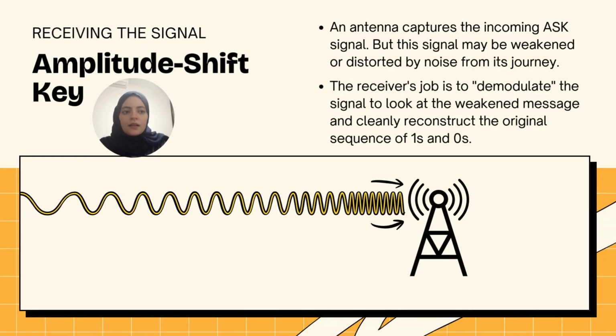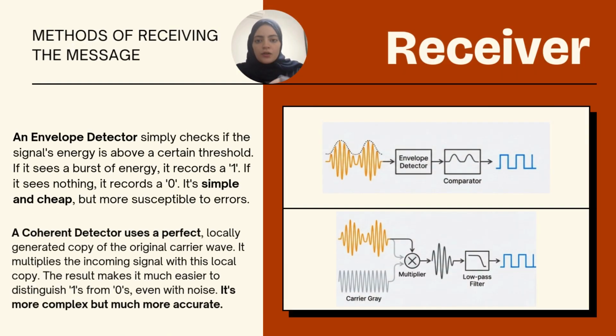After that, the signal is sent through the air where it can be weakened or distorted by noise, and then the receiver's job is demodulating the signal into the original ones and zeros. There are two ways the receiver can take in the message: an envelope detector and a coherent detector. The envelope detector is very cheap and simple.